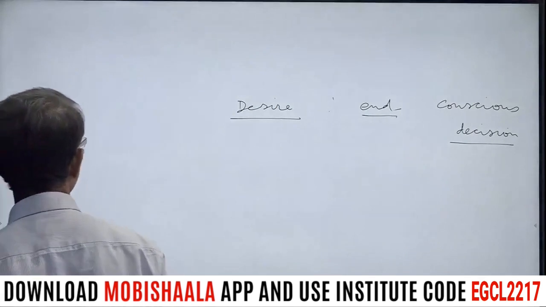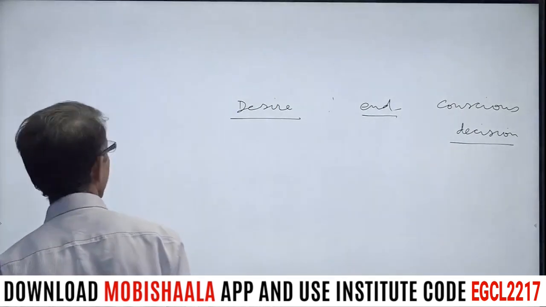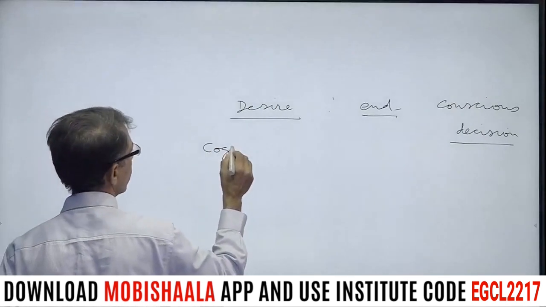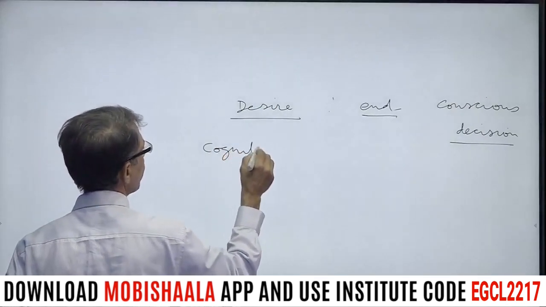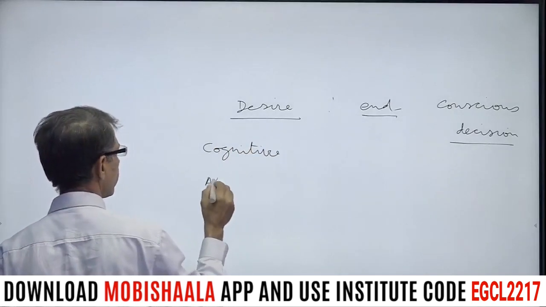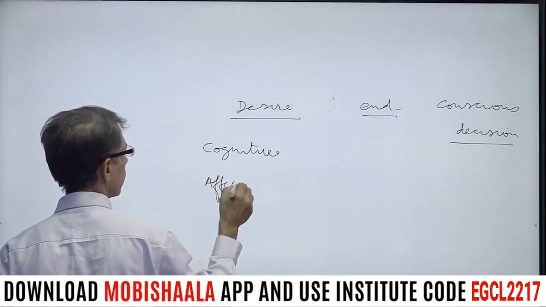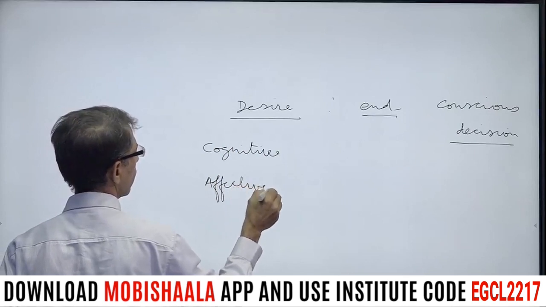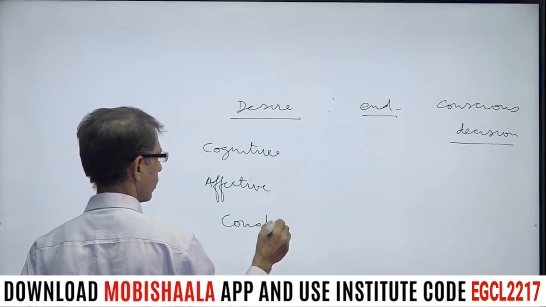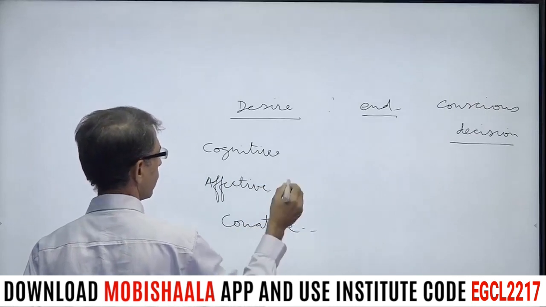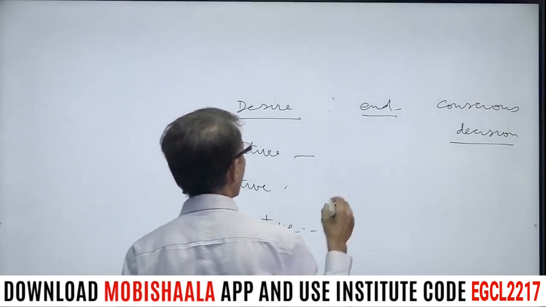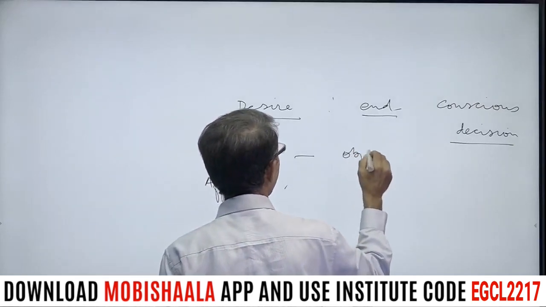Cognitive, affective, and conative. Try to understand. Cognitive means it has a definite object, end or object.